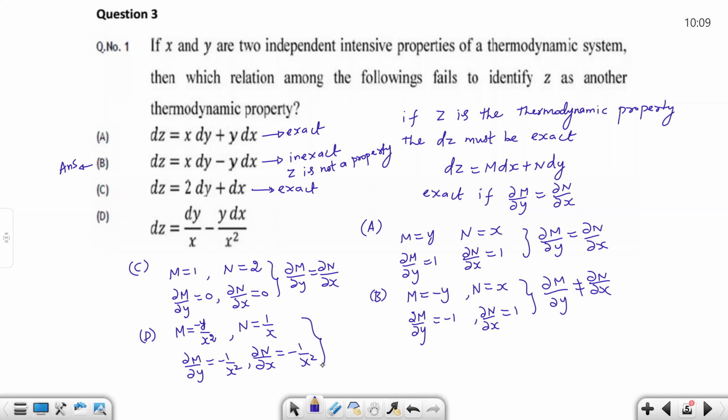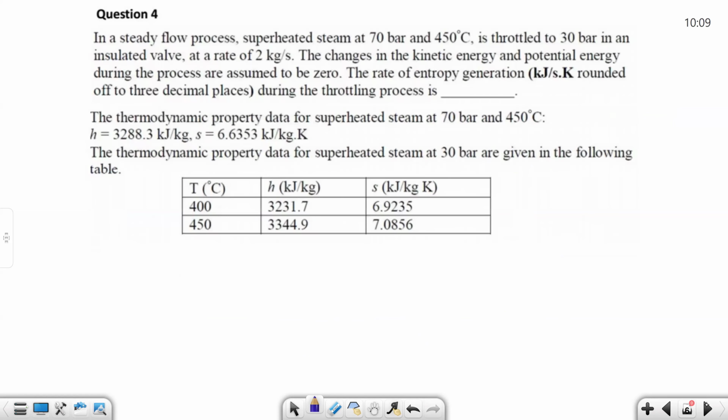So in this case also, it is exact. So Z is a thermodynamic property. Only B is the equation that is inexact, and Z fails to be a thermodynamic property. B is the answer for that. So now we will go for the next question.